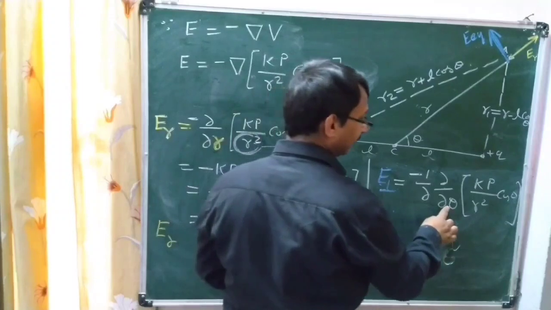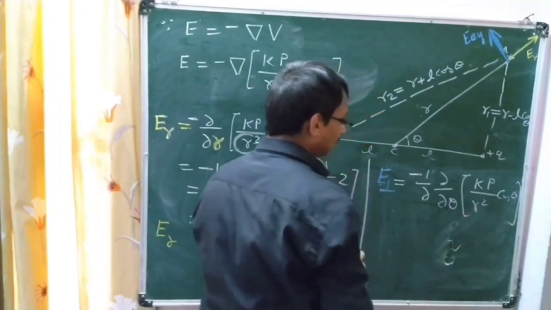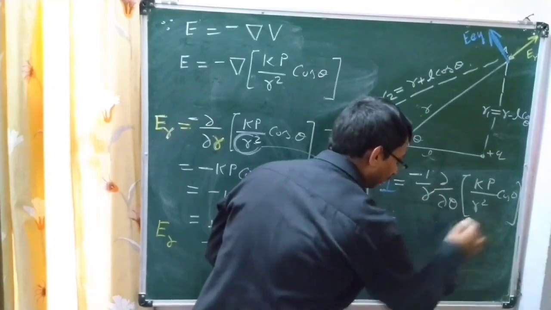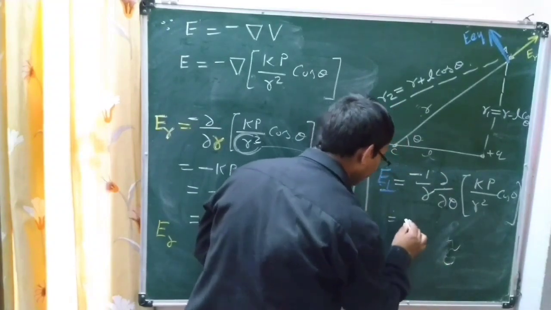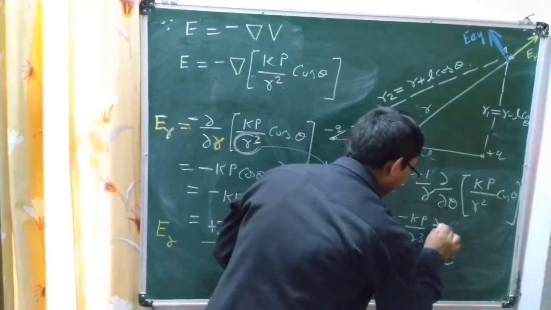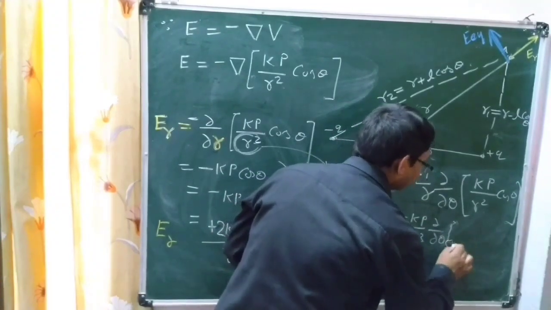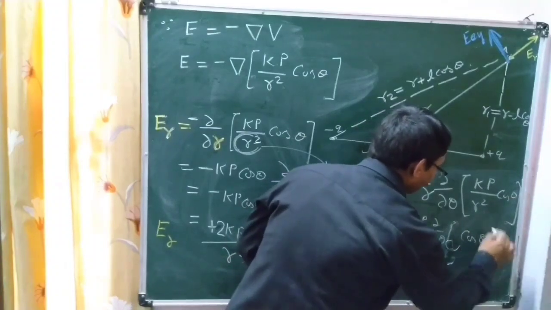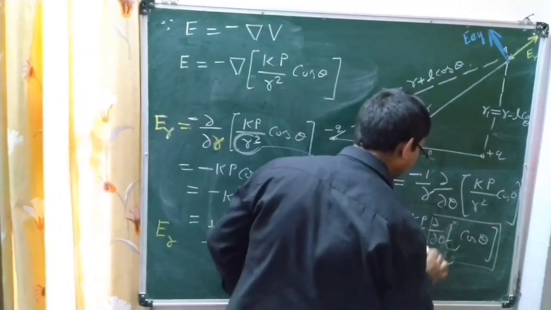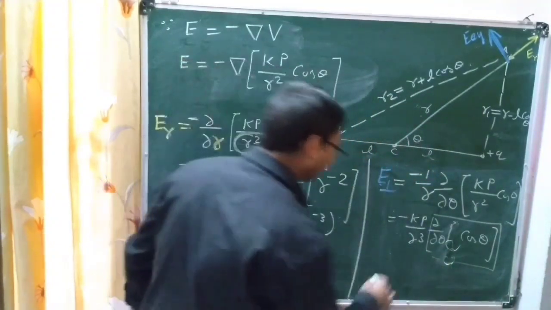If you differentiate this, it becomes 1 upon r into 1 upon r square, equal to r cube. So minus Kp upon r cube del by del theta of cos theta. On differentiating cos theta with respect to theta, you will get minus sin theta.